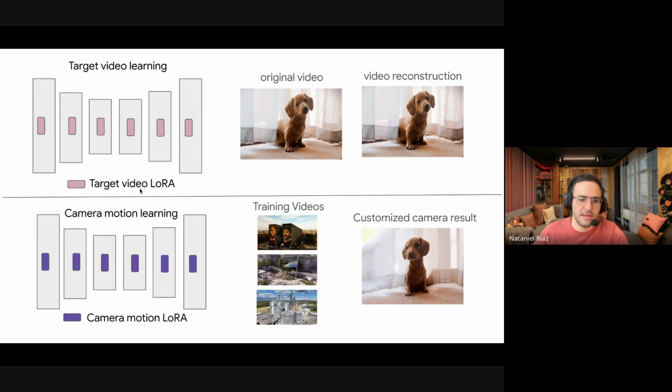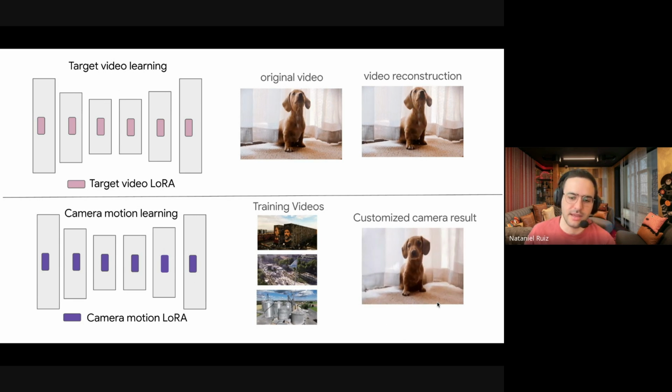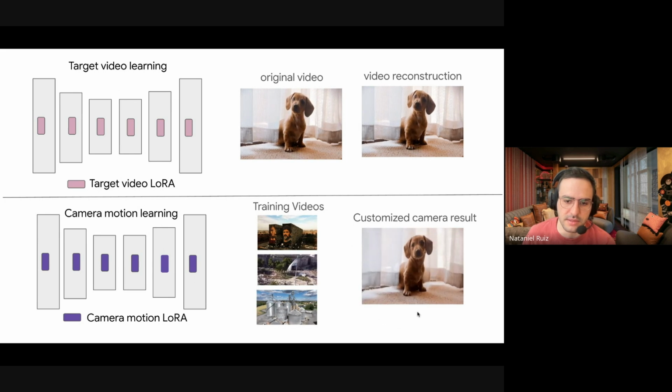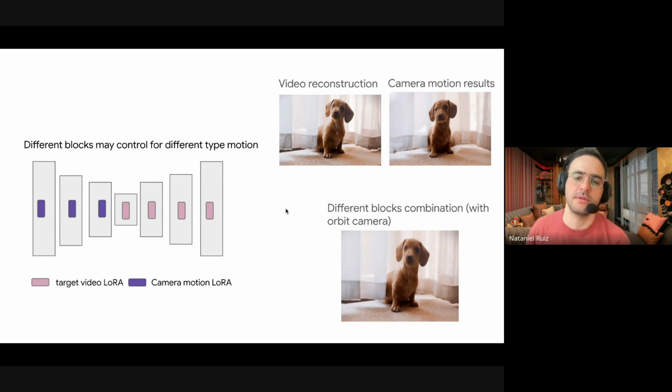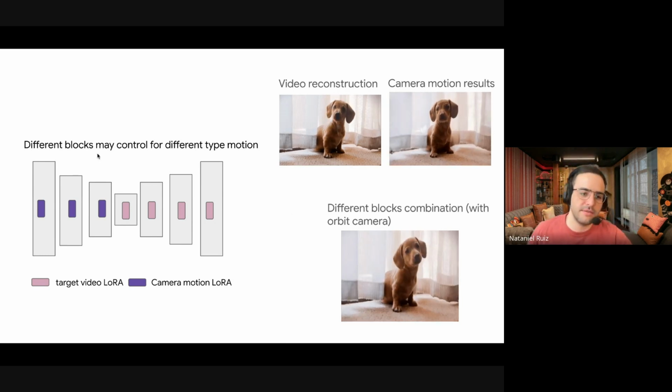So if you do simple addition of these two, the camera motion LoRA and the target video LoRA, you get this, which, okay, it's better than nothing, but you see the subject motion is completely nullified.